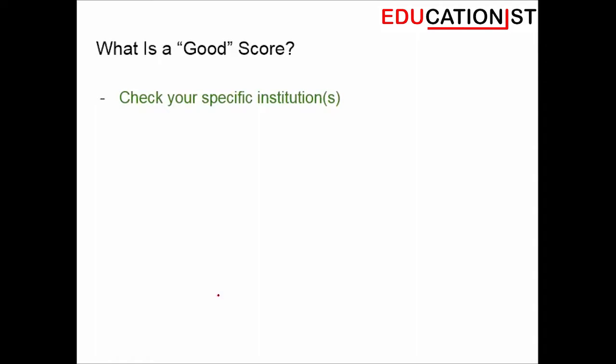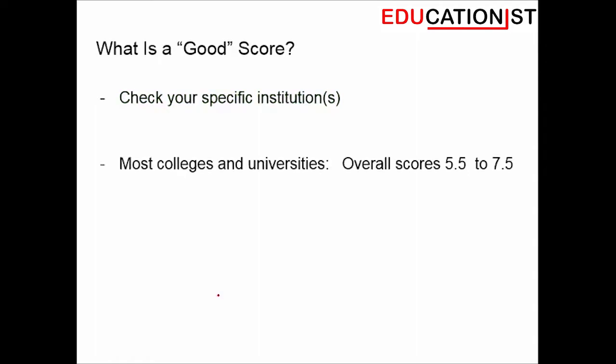So check your specific institutions. That's very, very important. Okay, but if we're looking at colleges and universities, we could say a score of 5.5 to 7.5 is considered usually a good score, and most academic institutions will set their minimum scores somewhere in that range.